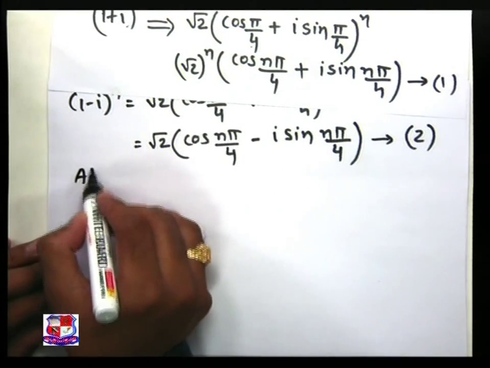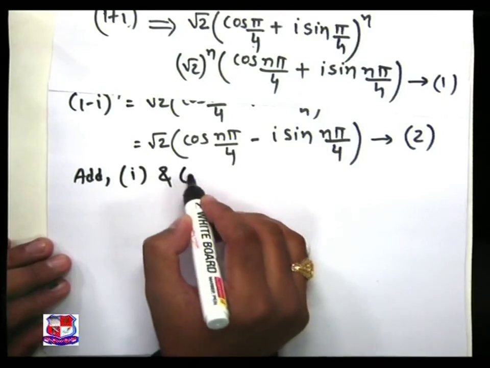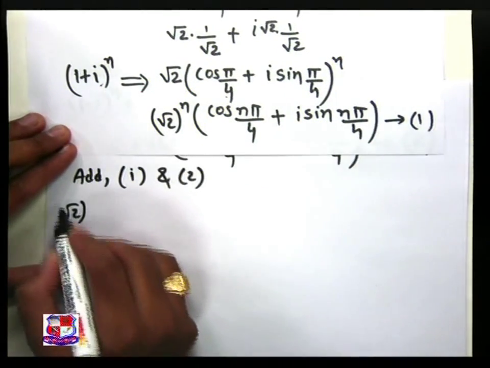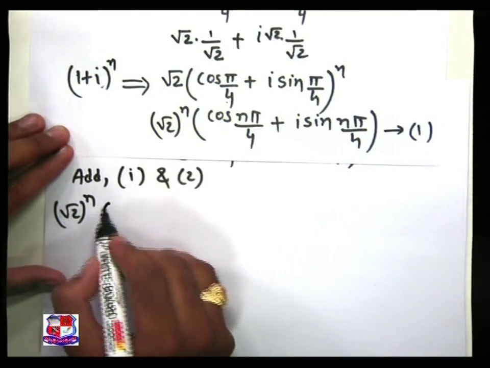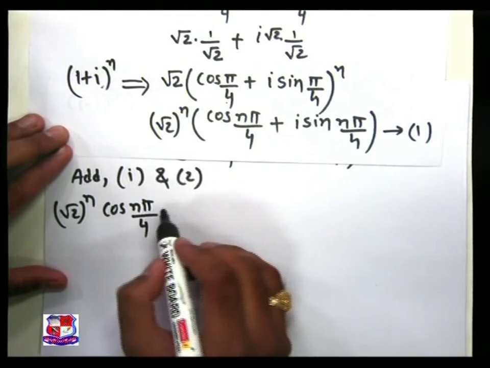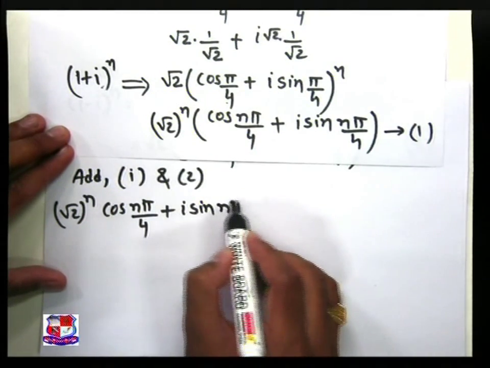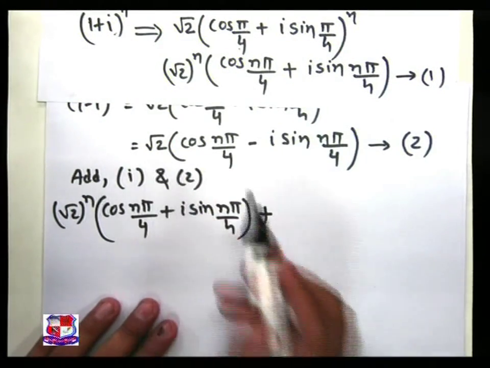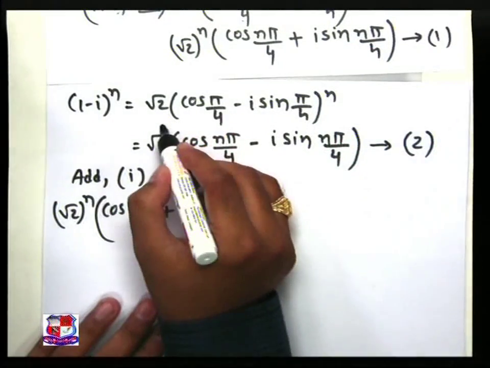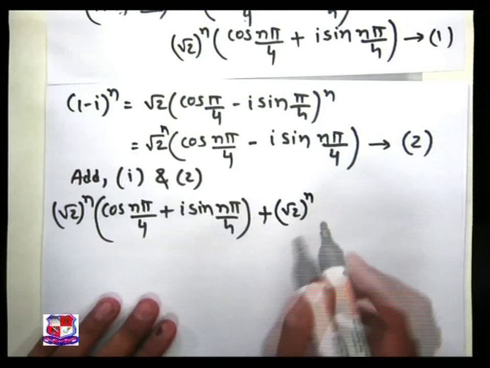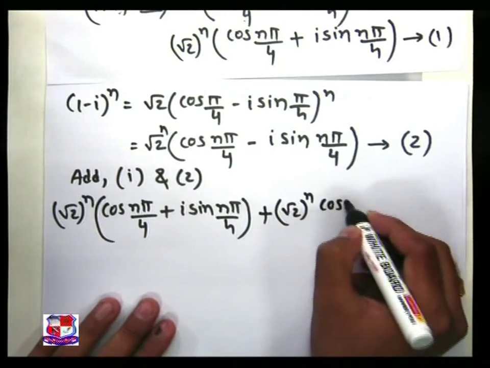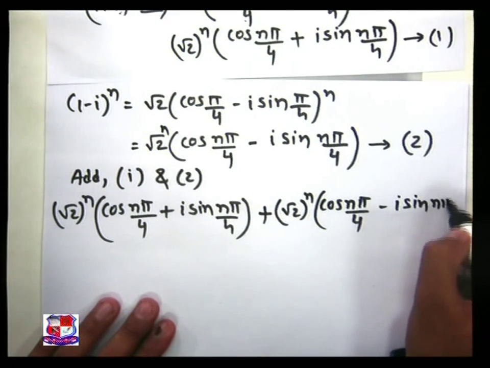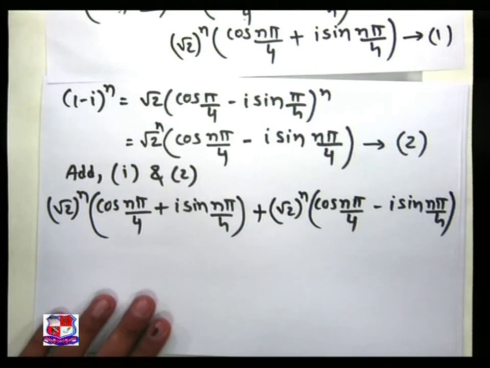So adding 1 and 2: the first equation is (√2)^n (cos nπ/4 + i sin nπ/4), plus equation number 2, again (√2)^n (cos nπ/4 - i sin nπ/4). Now we just simplify.